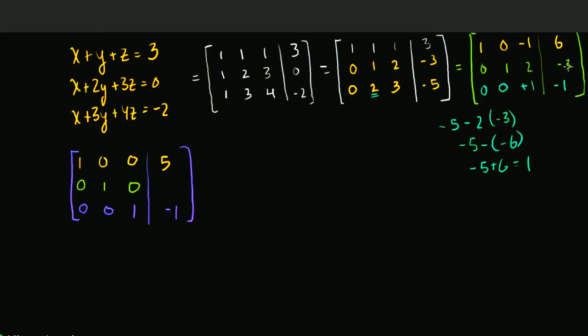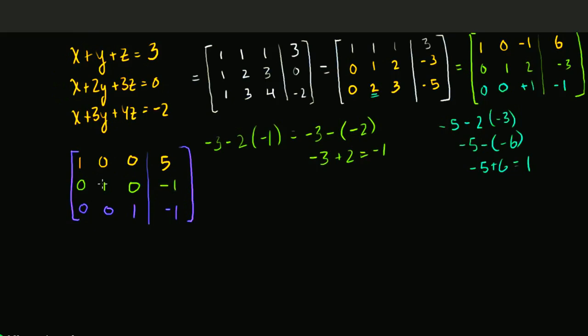Minus 3 minus 2 times negative 1. Let me write that down. Minus 3 minus 2 times minus 1. Don't want to make a careless mistake. So what is that equal to? This is equal to minus 3 minus minus 2, or minus 3 plus 2, which is equal to minus 1.